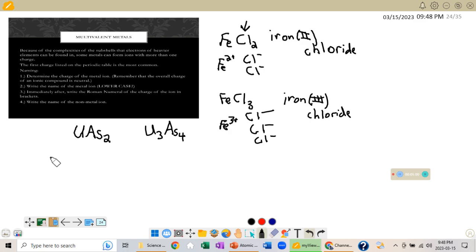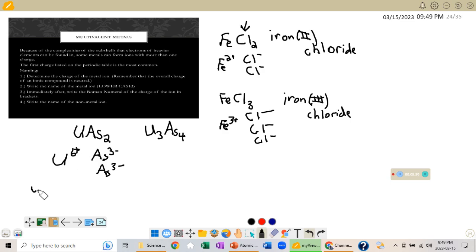And I know that sometimes is tricky. So then I'm like, okay, it's going to be a Roman numeral. I don't know which one it is until I figure out the As. That's arsenic. Arsenic is 3 minus. I've got 2 of these 3 minuses. That means my uranium has to be a total of 3 plus 3, 6 plus.